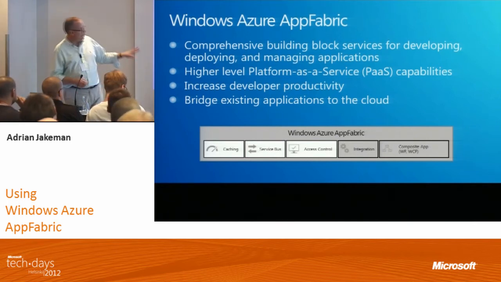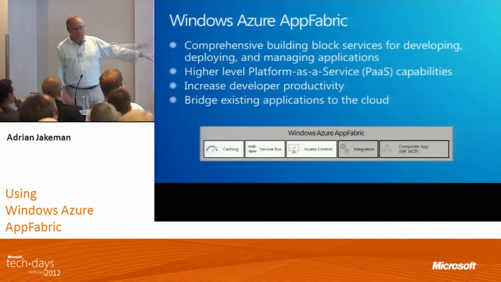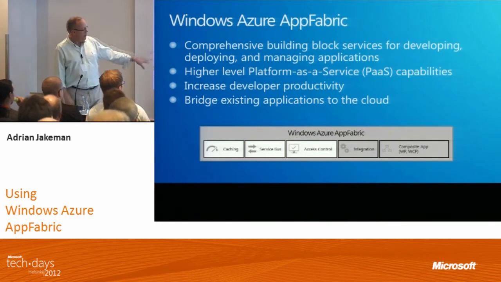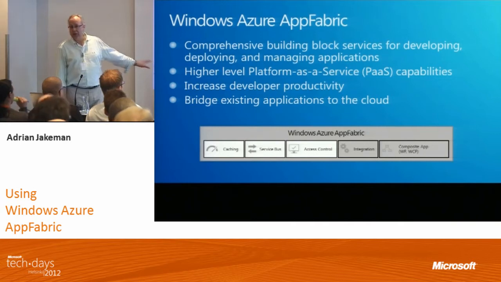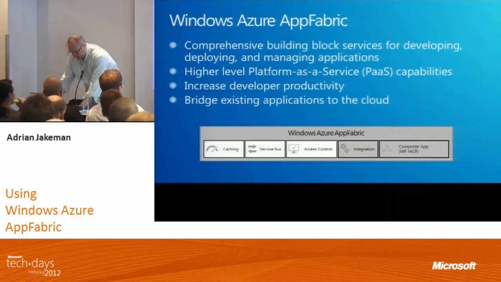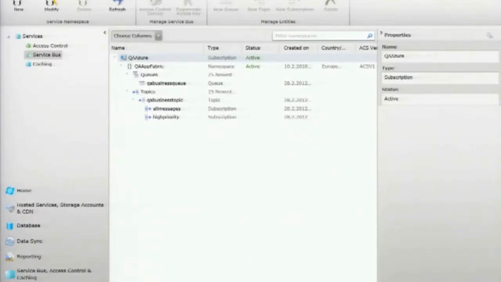And those three parts are the service bus, which we're going to start with, the access control service, which is all around authorization, which we will do second, and then the caching service, which, as its name suggests, must have something to do with caching, which we'll talk about at the end. All of these parts of AppFabric actually come from down here.